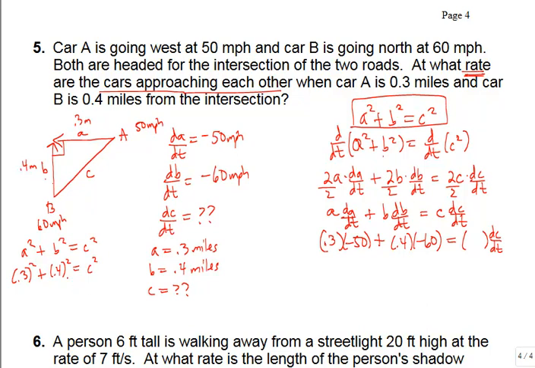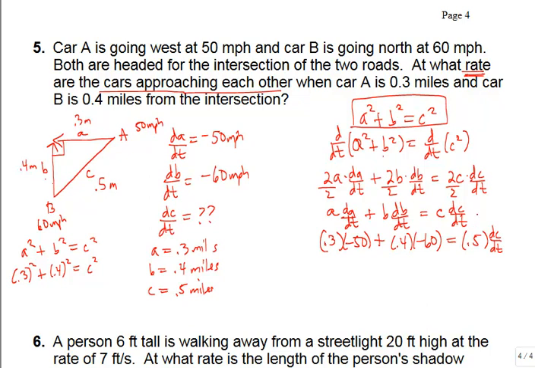You can use your calculator here to figure this out, or just realize that this is a 3, 4, 5 right triangle, and using the decimal in the right spot forces C to be 0.5 miles. So this C has to be 0.5 miles, so I can plug that in.